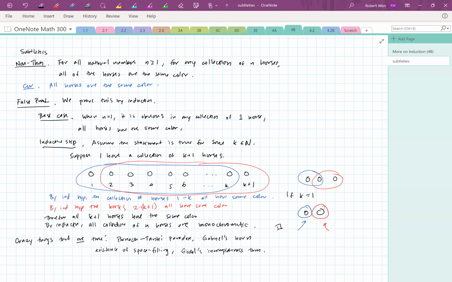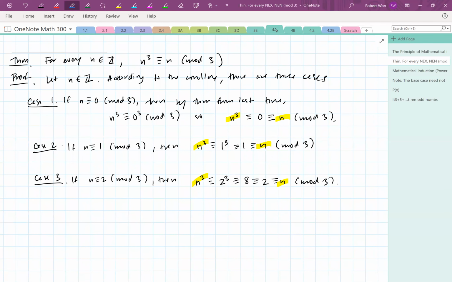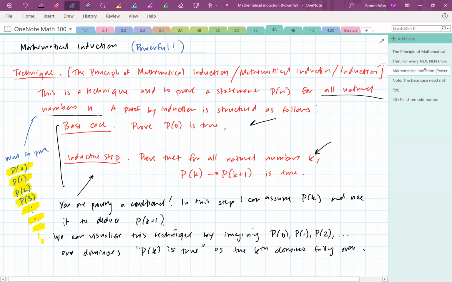One thing that we haven't really done yet is look at an example where the base case was not 1 or 0. I mentioned last time that the technique of mathematical induction started at 0, but actually you could start your induction anywhere.